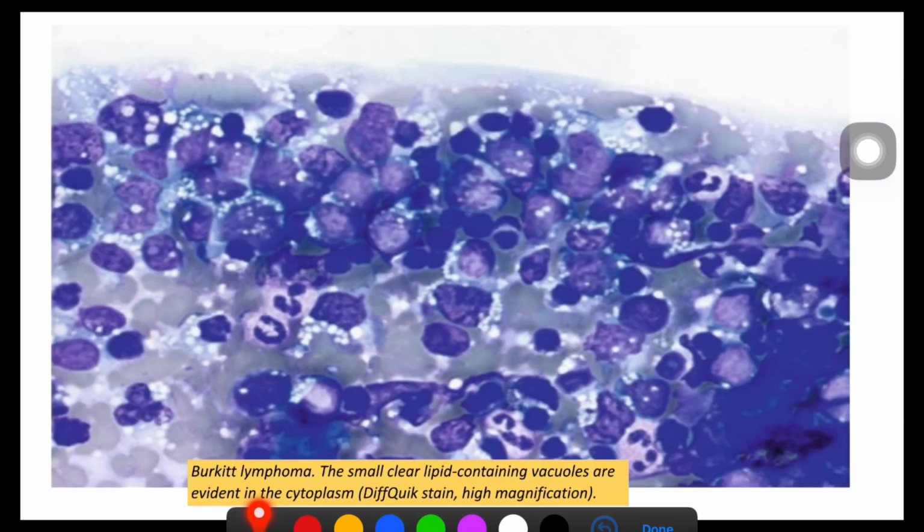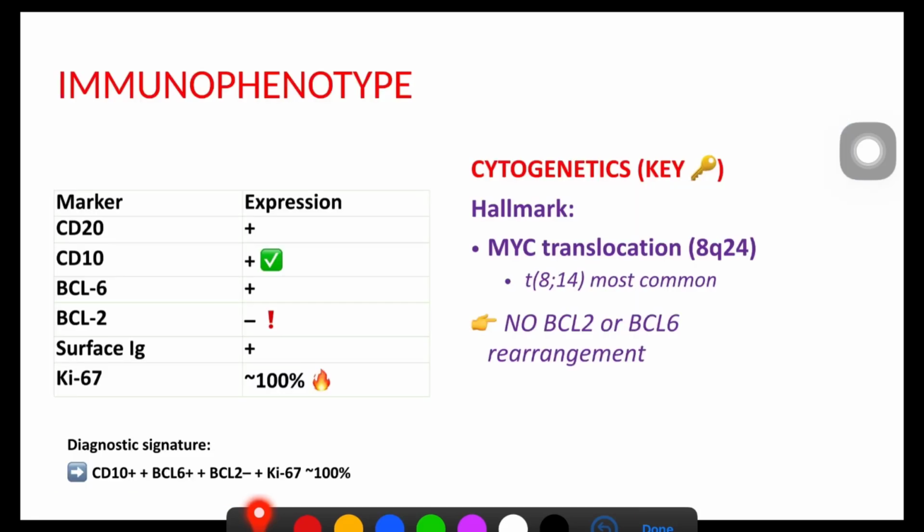So this is the lymph node imprint smear, where you will see small lymphocytes along with the intermediate cell pattern showing vacuolated blastic cells and basophilic cytoplasm. These are the Burkitt lymphoma cells.